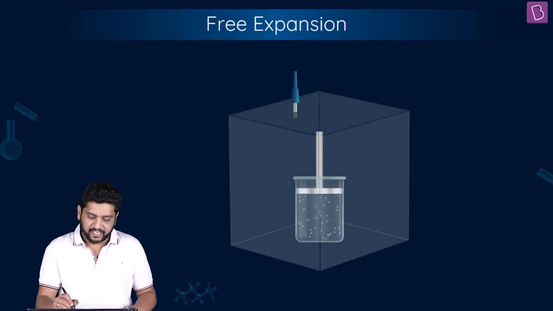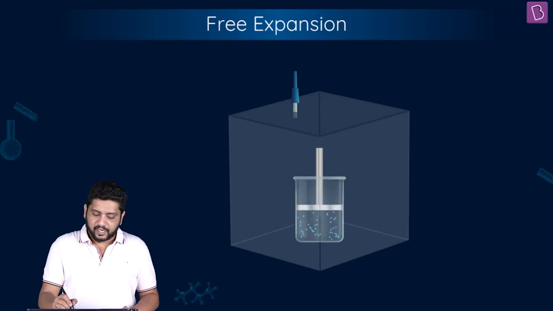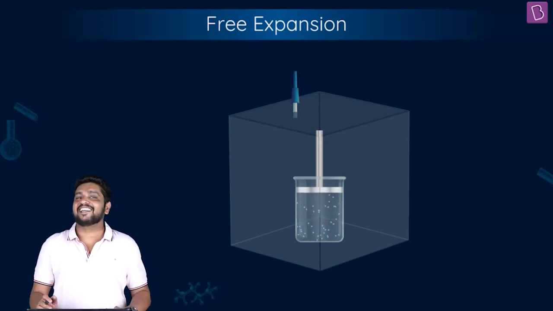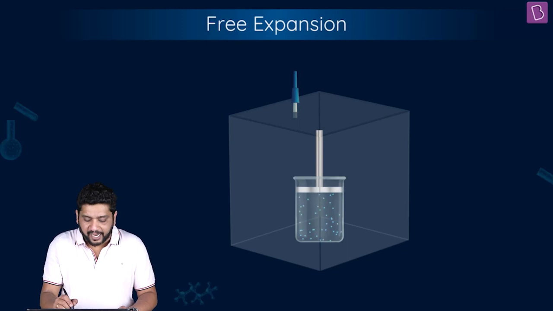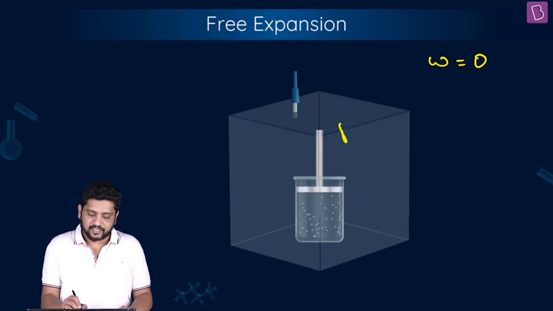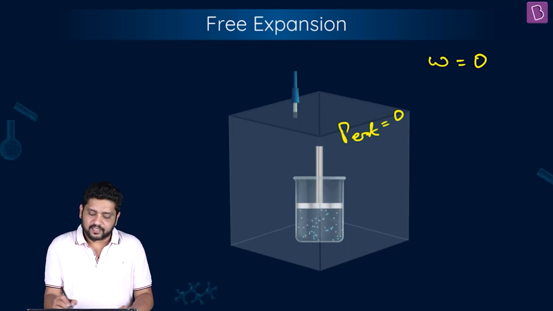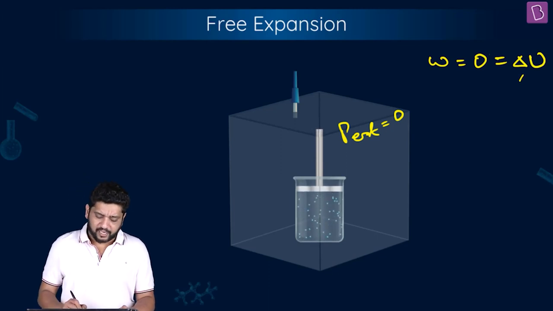So it is expanding against vacuum, and you can see here a vacuum is maintained and the gas is allowed to expand slowly. Of course, we have to have a massless lid and all. If the lid itself has a mass, then that is P external, right? So the point here is that work done is equal to 0 because P external is equal to 0. P external being 0, your delta U will also be 0 if it is adiabatic. But what do we know about delta U?